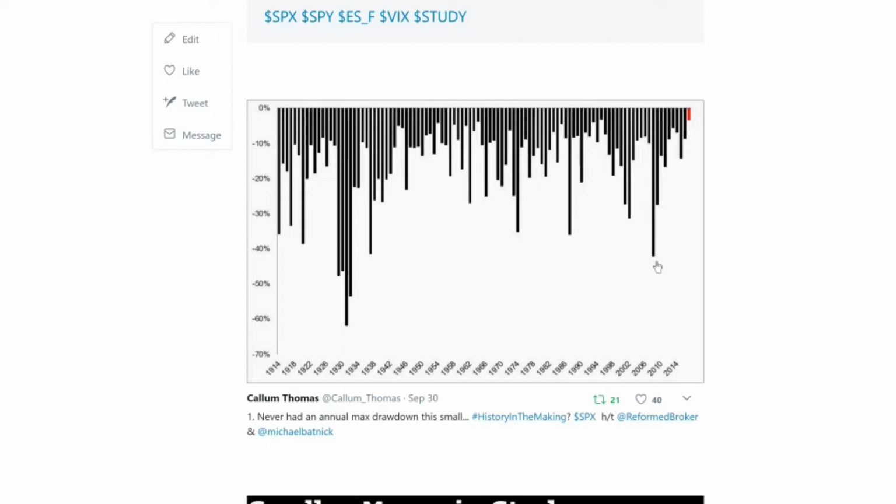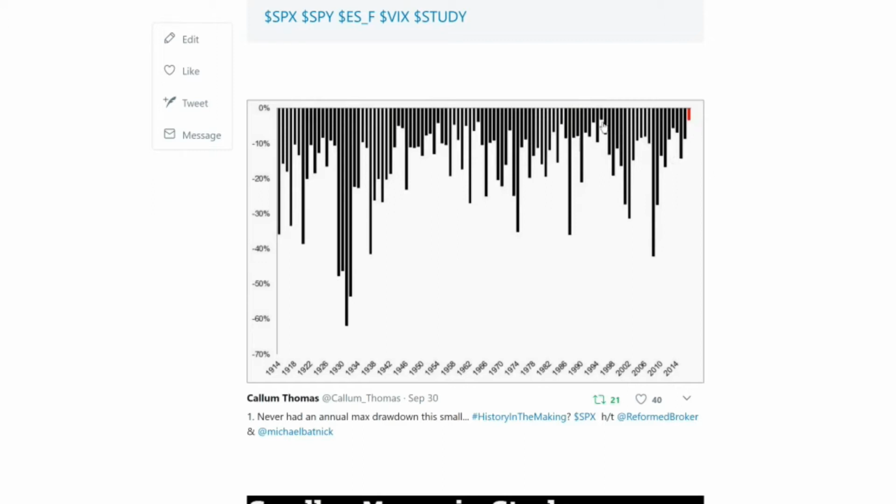And you can see a few standouts if you have a scan across 1987, 2008, 1930s, etc. And really the reason for including this one is, as you can see, the year-to-date figure.